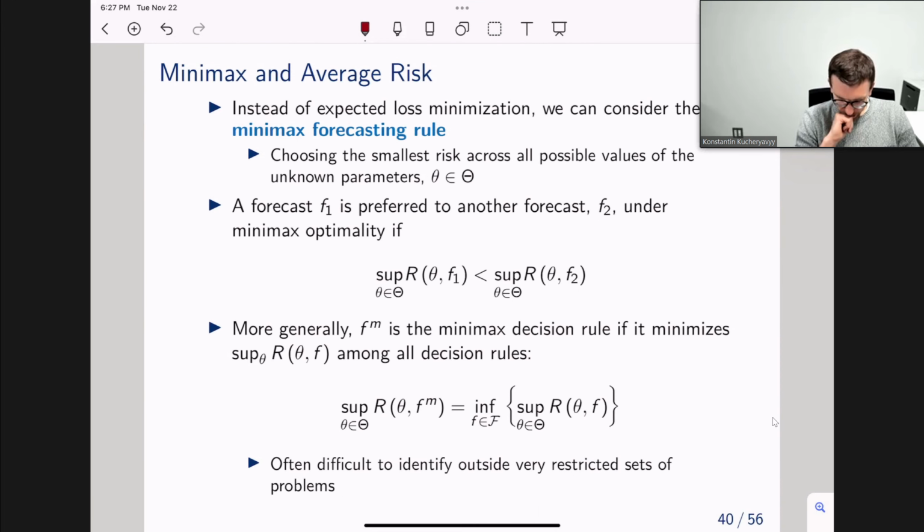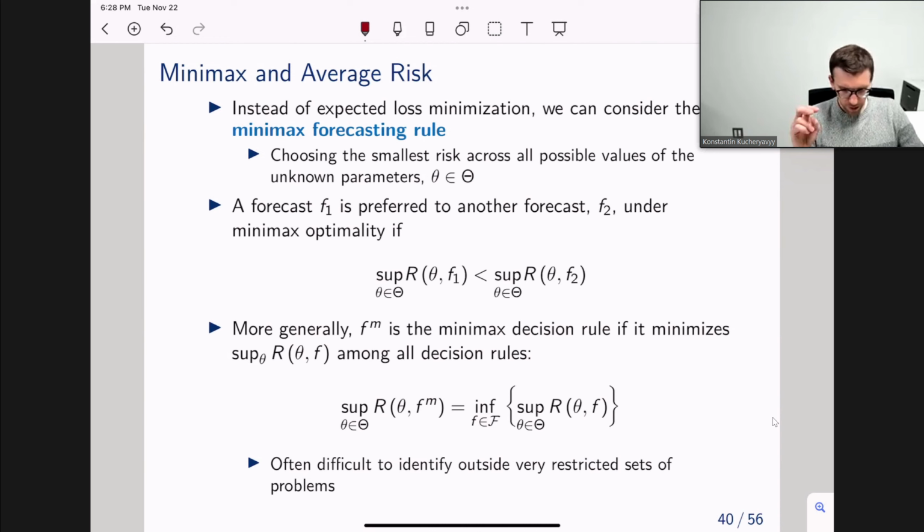Instead of expected loss minimization, which we have been dealing with so far, we can consider the minimax forecasting rule, which would be choosing the smallest risk across all possible values for the unknown parameters theta.